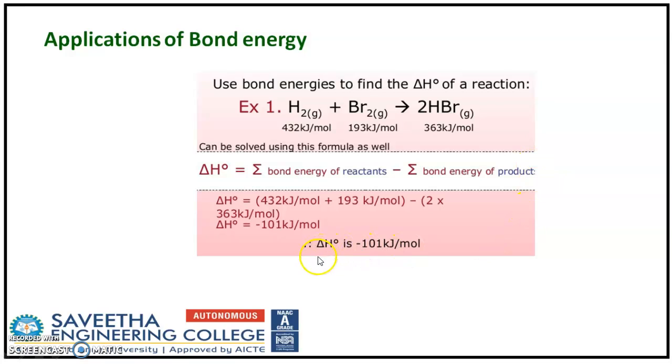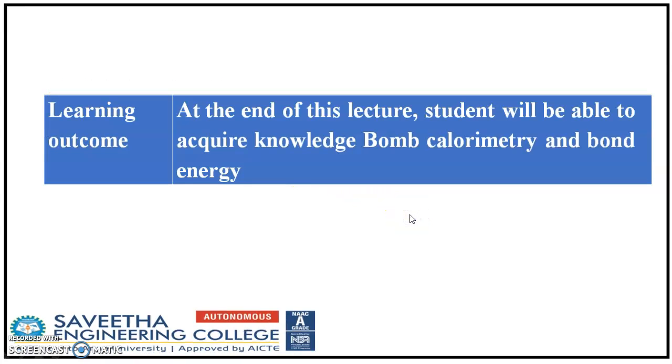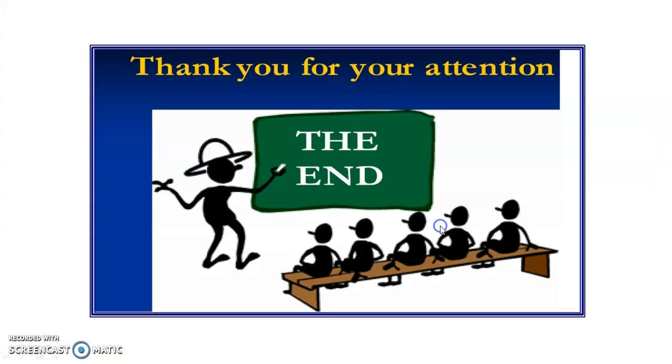But if we calculate using these two methods, the value is the same. So bond energy is used to find the delta H naught of a reaction. These are some of the assessment questions expected from this topic. So I think this lecture gives you a clear idea about bomb calorimetry and bond energy. Thank you.